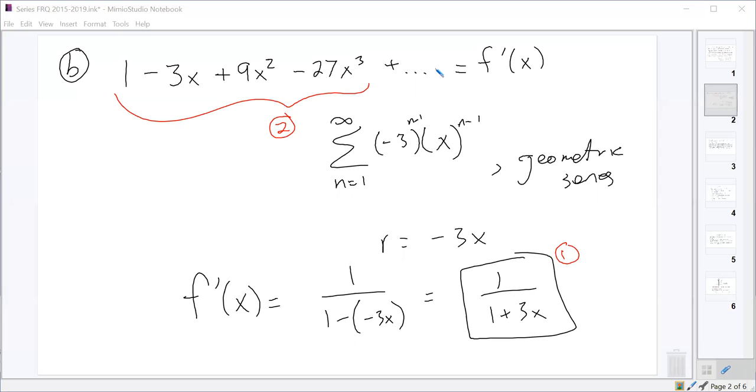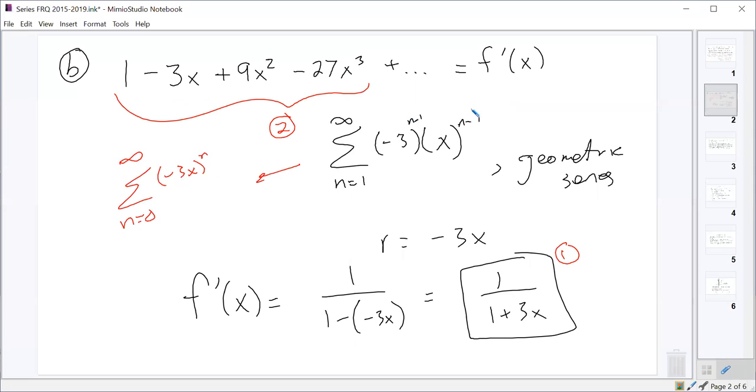All right. And let's see there. We could have written it if we wanted to, Nick. We could have said n equals 0 to infinity of negative 3x to the n, or n equals 1 of these, or n equals 2 of n minus 2s, or n equals 3 of n minus 3s.